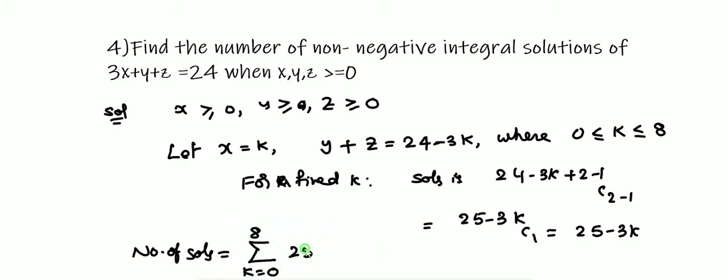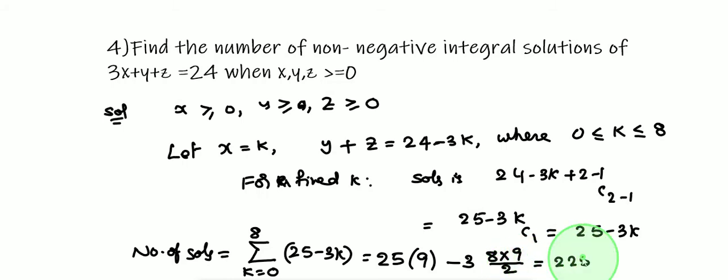When you apply the summation, 25 into the sum from 0 to 8, that means there are 9 values, 25 into 9 minus 3 times the sum of the first 8 natural numbers, that is 8 into 8 plus 1 by 2, which is equal to 225 minus 3 into 36, that is 108, which is 117.